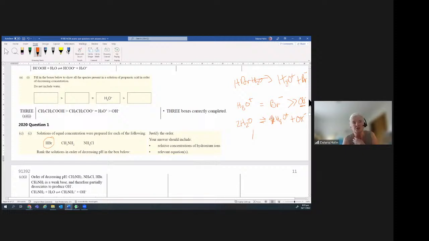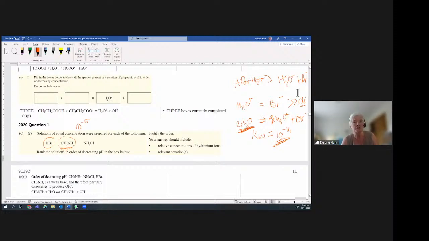It's useful to also say Kw is 10 to the minus 14, which is given. And that shows, because this is so tiny, hopefully you'll know that most of water exists as H2O and not as hydronium and hydroxide ions, compared to, well, this is a strong acid, so it goes completely to the other side. But when you're comparing it, say, to a weak base, this value is always round about, say, 10 to the minus 5. So you can see that this Kw is orders of magnitude smaller. So you're only going to have a really, really tiny amount of hydronium ions in this basic solution.